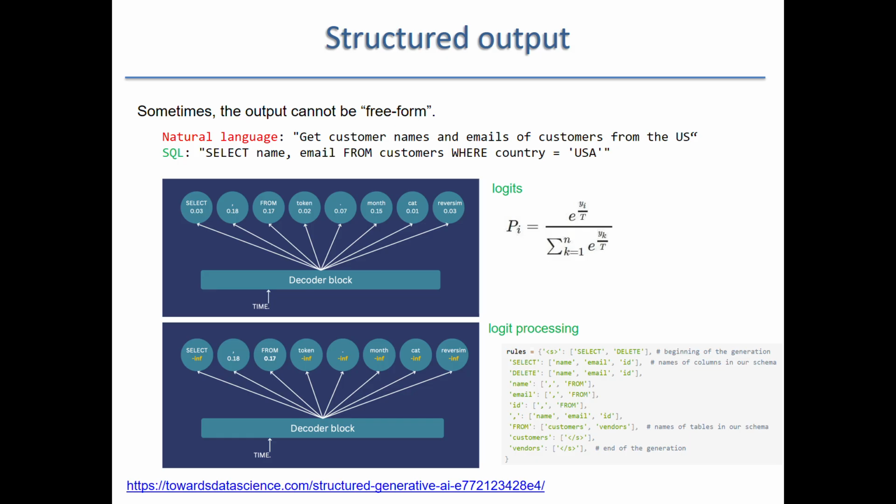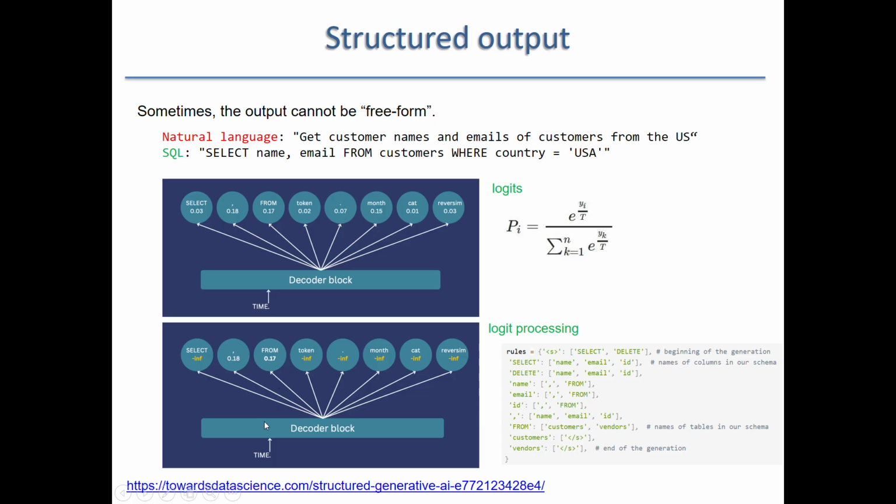These rules say, for instance, if you are at the start of the output, then the only possibilities are select or delete. You cannot put name or email or ID or whatever. And if you have chosen select, then the next word can be name or email or ID. So you give some rules, and then from these rules you can filter out part of this example.